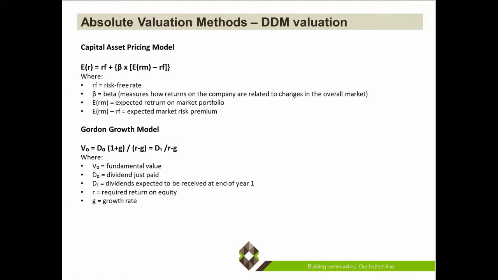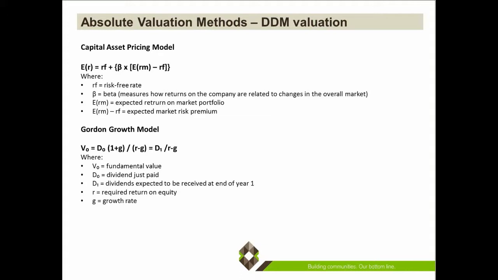So if the general market goes up by 1%, does the share price go up by more than 1% or less than 1%? And then there is your expected return on your market portfolio, and the expected market risk premium is your expected return on your market portfolio minus your risk-free rate.